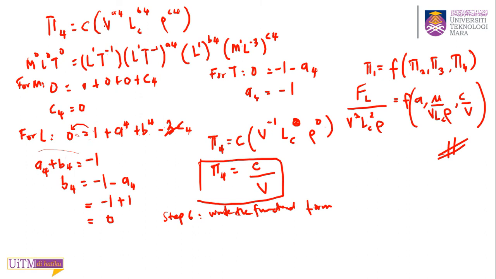Write the equation nicely and calmly, don't rush. Then you will solve the problem easily, and then you can write your functional form after you find all the pi.